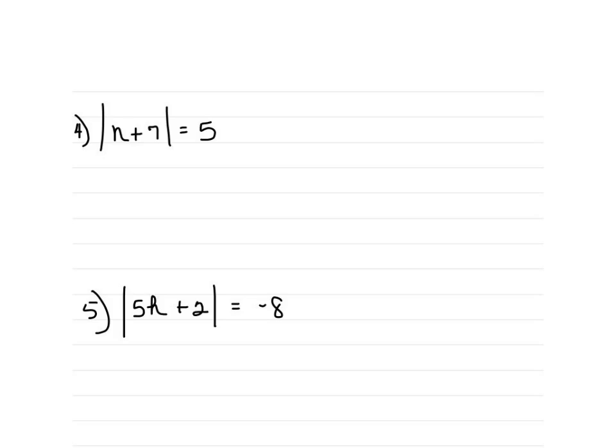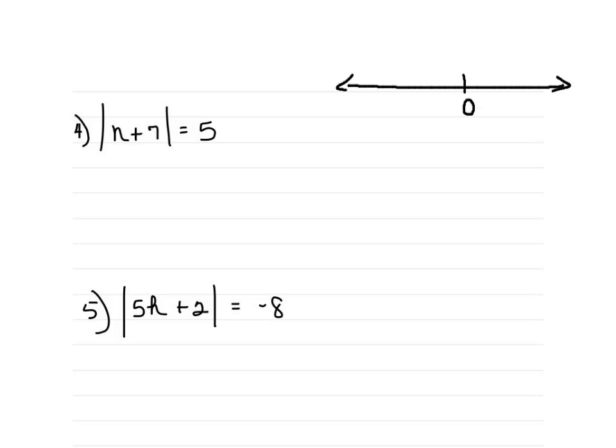Okay, number 4, jot it down. The absolute value of n plus 7 is equal to 5. I will take just a moment to draw a number line for us. Remember that the absolute value of n plus 7 is saying the distance from 0 of that expression is 5 units away from 0 on the number line.